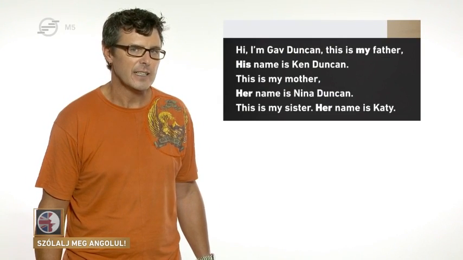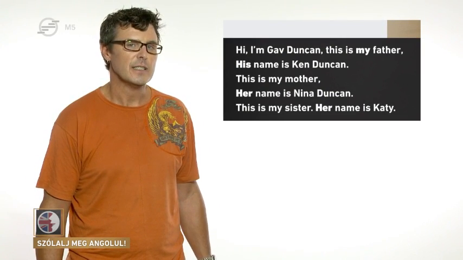Okay, let me tell you about my family. My father is called Ken. My mother's name is Nina. My sister's name is Katie. When I meet someone, I introduce myself and then I introduce my family. What do I say? I say, hi, I'm Gav Duncan.